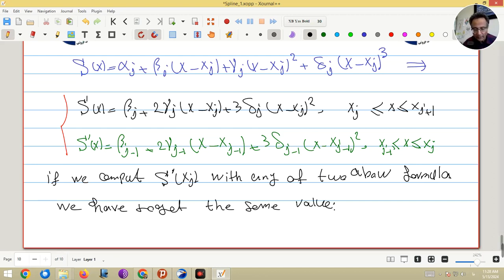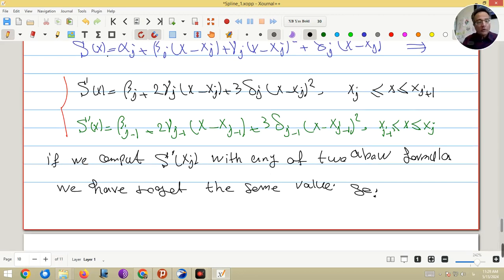Okay, now let me do it. So if we use the first one and compute s prime of x, what do we get?